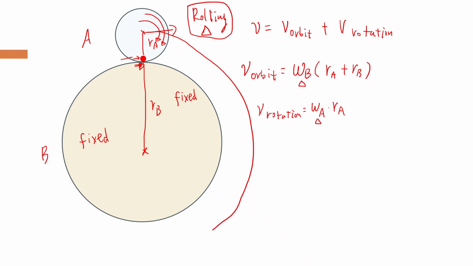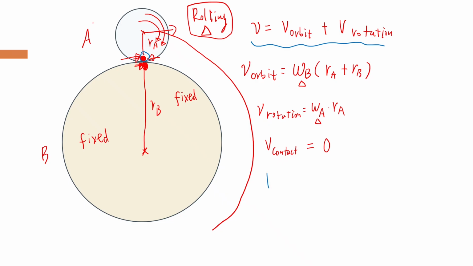That means this red dot on circle A should have the same velocity as this point on circle B. And we know circle B is not moving, so the contact point on circle A should have a velocity of 0. We know this contact point on circle A has a velocity coming from two parts, orbiting and rotating.